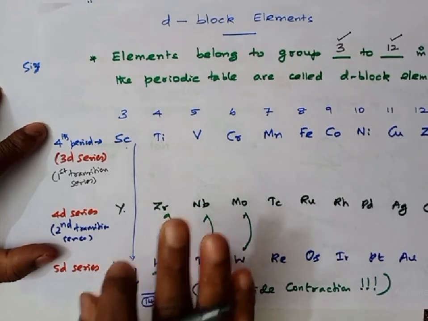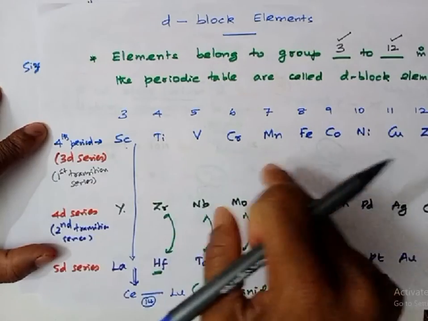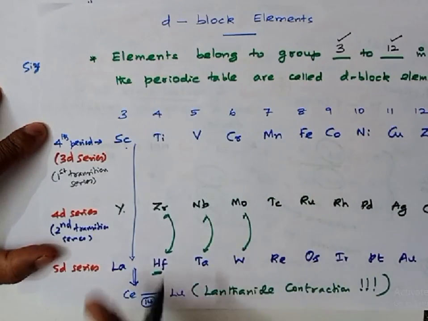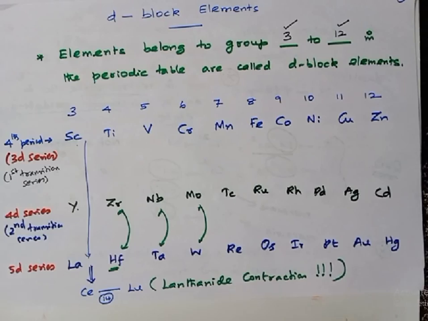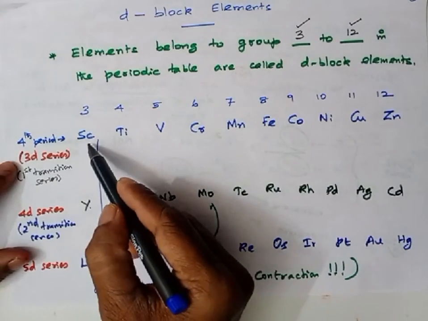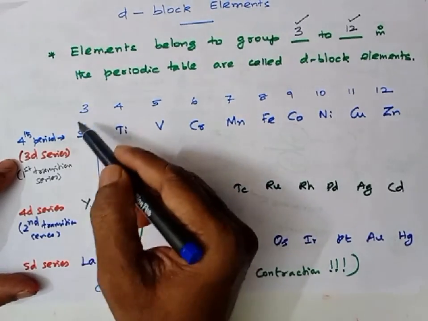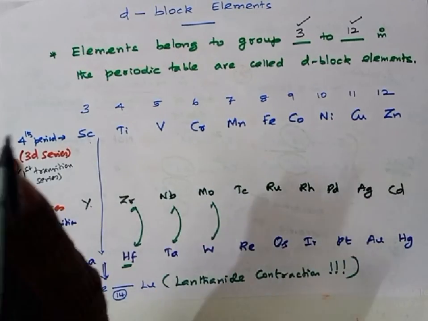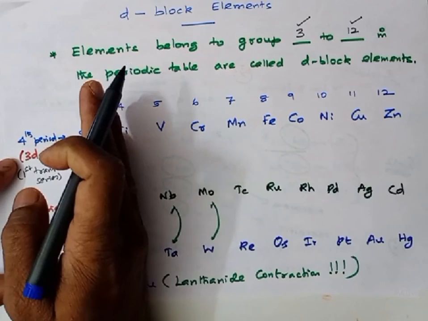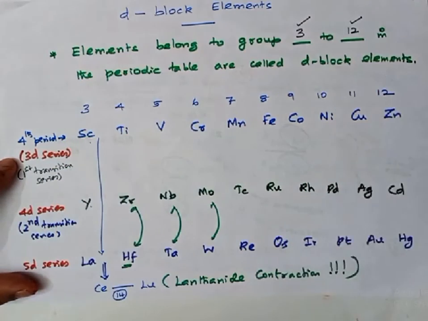The lanthanide contraction effect is observed in the D block from group 4 onwards, not in group 3. Is the point clear? The lanthanide contraction effect is not observed in the D block elements belonging to group number 3. It is observed only from group number 4 onwards.